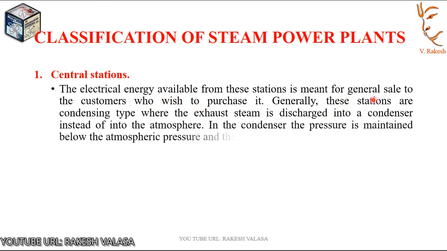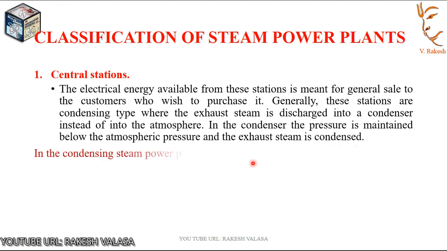Generally, these stations are condensing type, where the exhaust steam is discharged into a condenser instead of into the atmosphere. In the condenser, the pressure is maintained below atmospheric pressure and the exhaust steam is condensed. In the condensing steam power plant, the following advantages are there.